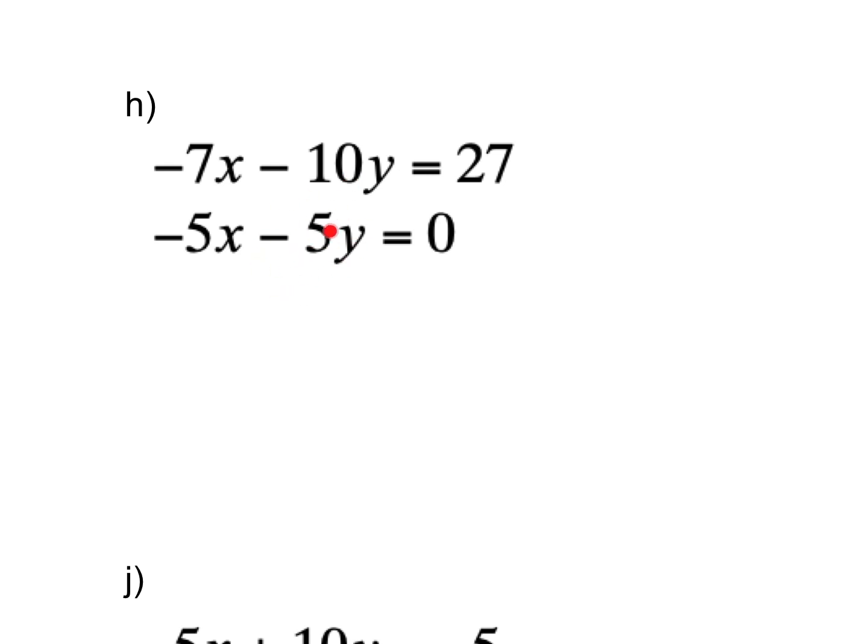If I multiply 5 by 2, it equals 10. So if I multiply this equation by 2, then I would have the same number in front of my y values. More than that, if I actually multiply it by negative 2, then this will turn into a positive 10. And a negative 10 and a positive 10 combine together to make 0.